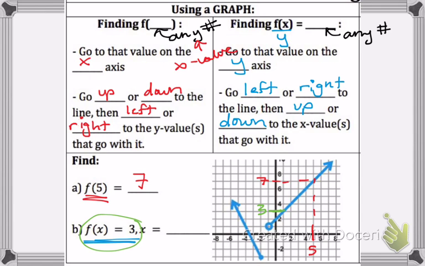Okay, so we're going to go over until we get to the line, and then we're going to go down. That's going to give me a 1. However, I also need to go this direction and down to the negative 5. So this one happens to have 2 answers, 1 comma negative 5, or you can write that 1 and negative 5.